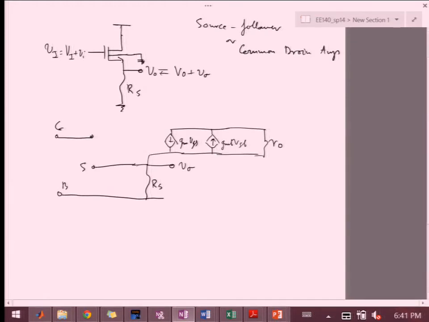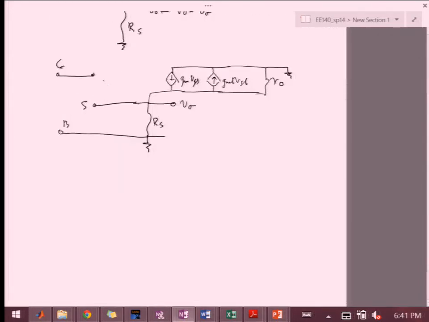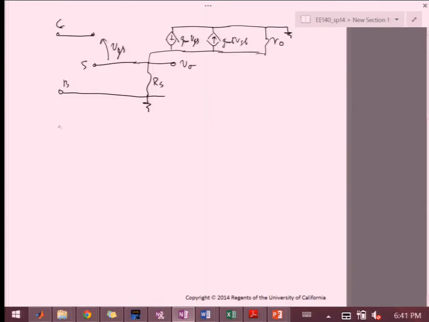And then I'm AC grounding this. This is the supply, but because we're looking at small signals, a derivative of a constant is 0, so that's why this is grounded as well. And then also this node is grounded. This, of course, is VGS. So now I can write out what the expression for Vo is.